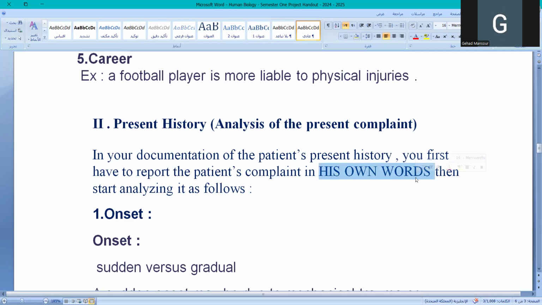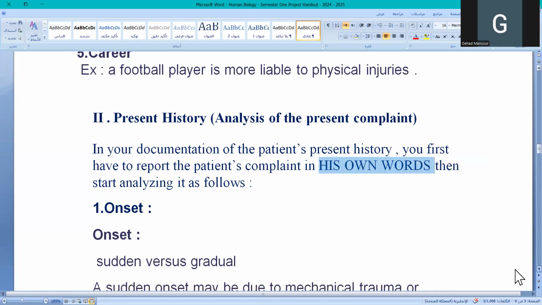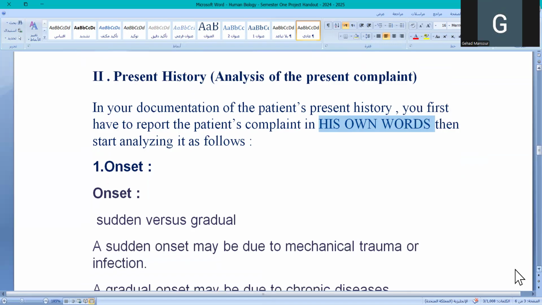For example, the patient might come complaining of pain in the knee joint. So you would say that the patient came to the clinic complaining of pain in the knee joint. And then you start analyzing that pain. You start asking the patient questions around that symptom, which is the pain, in order to analyze this complaint in a trial to know the underlying cause, what the possible underlying cause or causes might be.